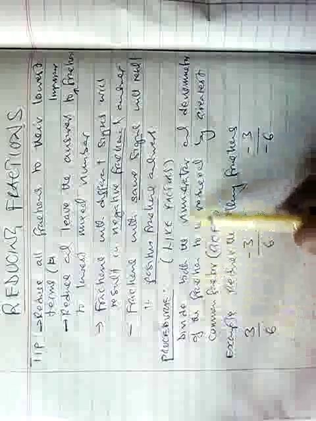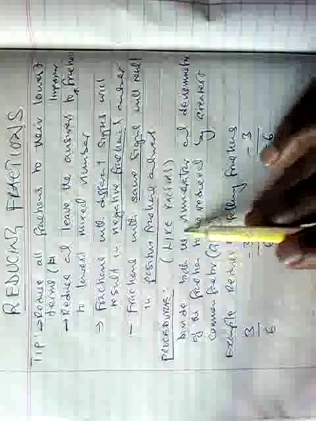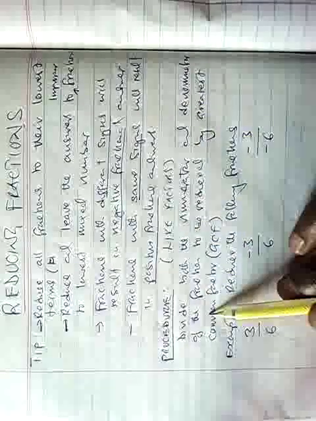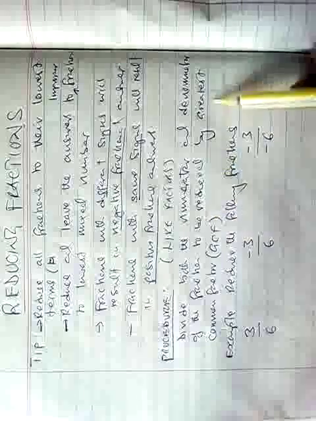Then procedure 1, like factors. To reduce a fraction, look for like factors, which is the greatest common factor. Divide both the numerator and the denominator of the fraction to be reduced by the greatest common factor, GCF.